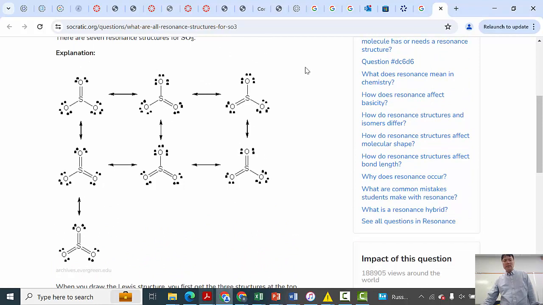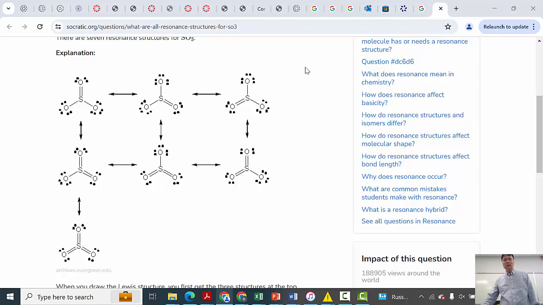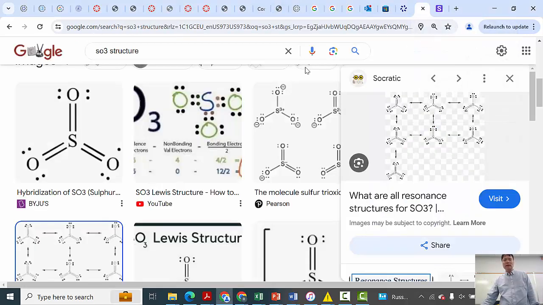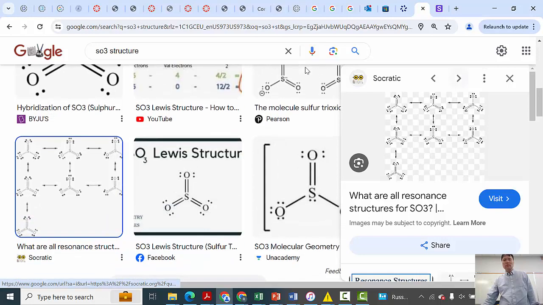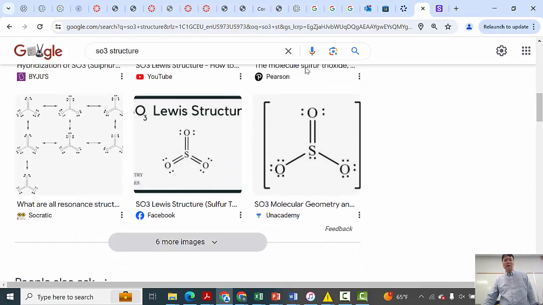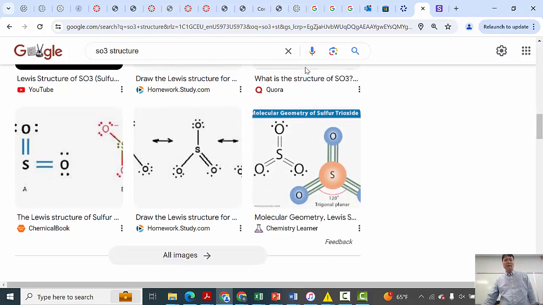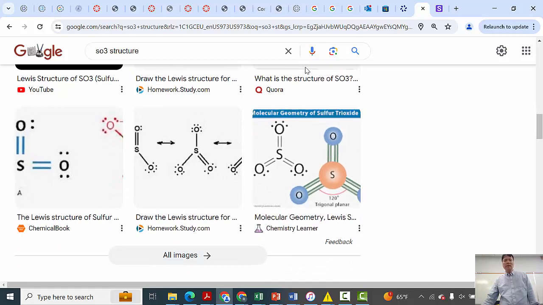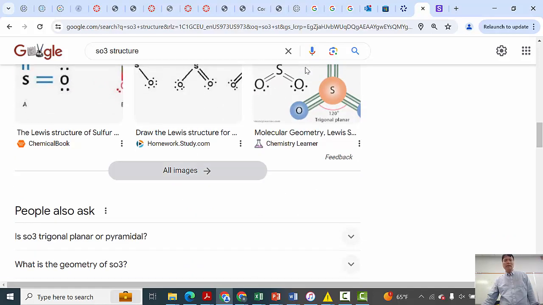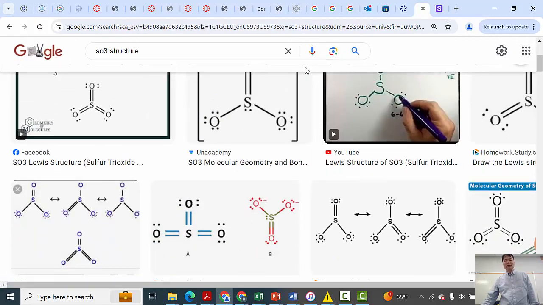Since this expanded octet idea has been around for a long time, when we do look online, most everything we see is expanded octet. So let's take a quick survey of the images for SO3, and do you see what they've done? The great proportion of them have. Chemistry is an evolving field like all science.